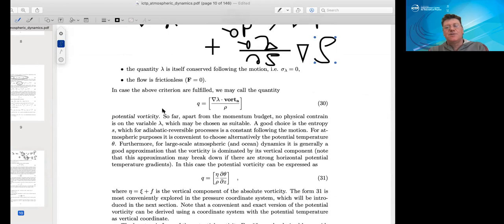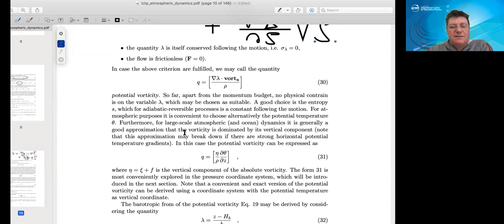So in that case, this quantity, which we may call Q, is called potential vorticity. It's a very general conserved quantity for geophysical fluids, or for fluid dynamics in general. There's nothing related to geophysical here. It's a very general conservation law for adiabatic reversible motion, frictionless flow.